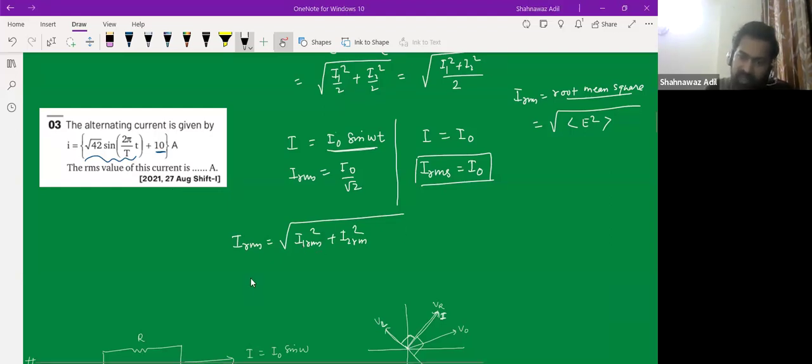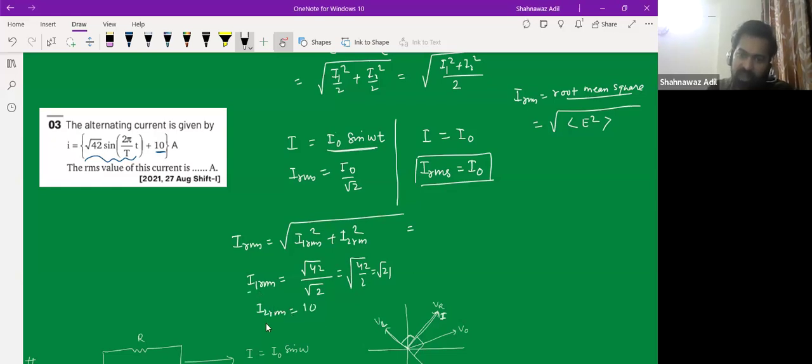So I1 RMS is simply I naught by root 2, which is root 42 divided by root 2, right? So this is root of 42 by 2, which is root 21. And then I2 RMS would be simply 10.